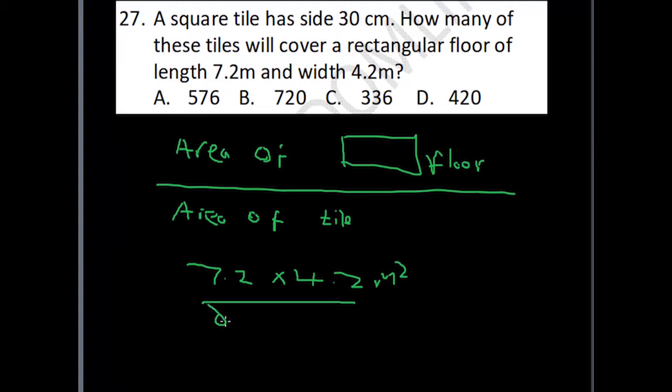Over, so we'll convert 30 centimeters to 0.3 meter, 0.3 times 0.3 meter square. So this gives us 336. Option C.